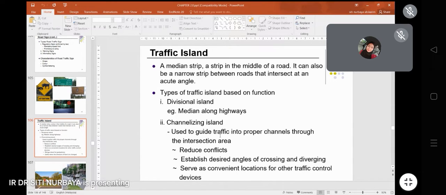Used to guide traffic into proper channels through the intersection area, which to reduce conflicts, to establish desired angles of crossing and diverging, and then to serve as convenient locations for other traffic control devices.